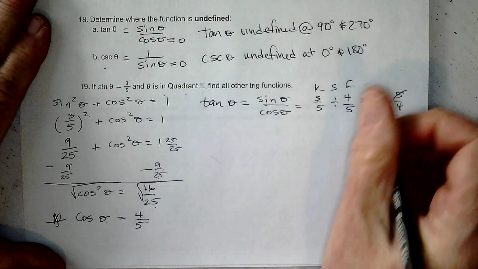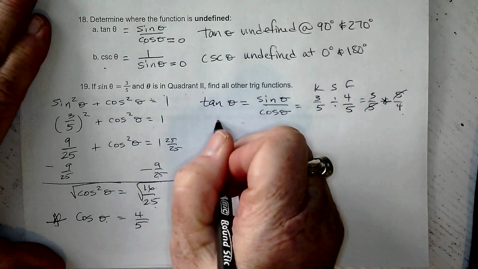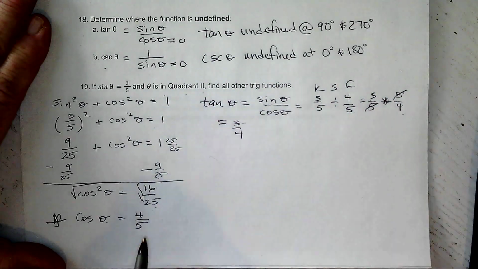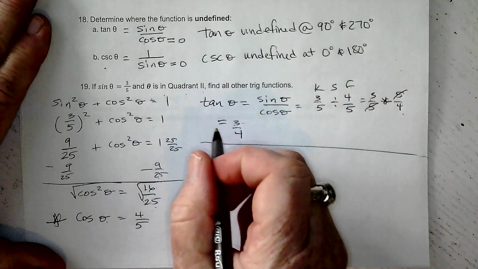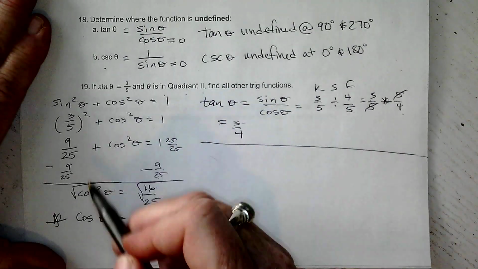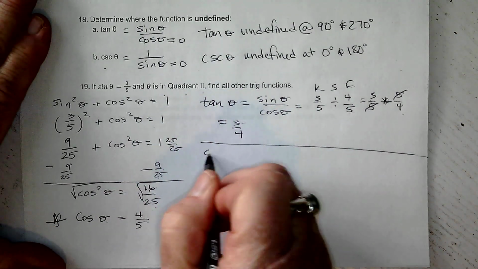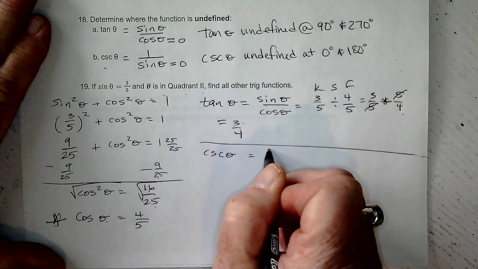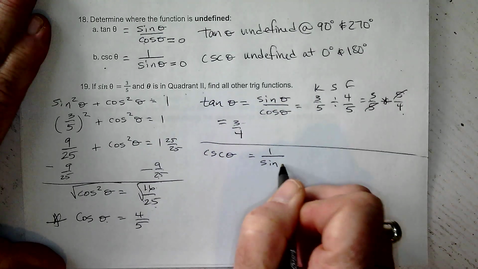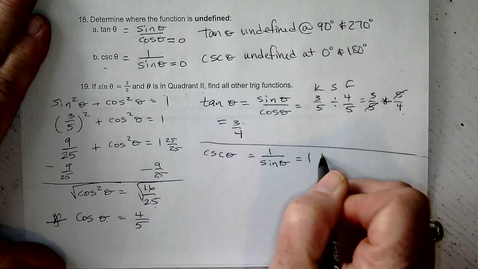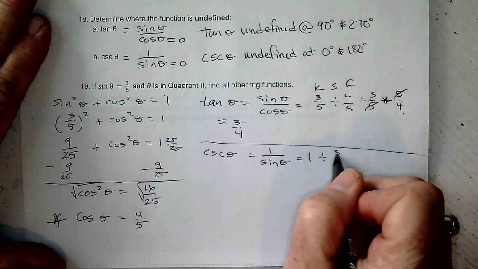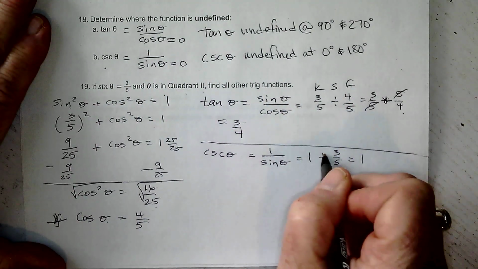My 5's reduce, and I'm left with 3/4. Okay, let's find our cosecant, which is 1 over the sine. And sine is 3/5. Keep, switch, reciprocal.